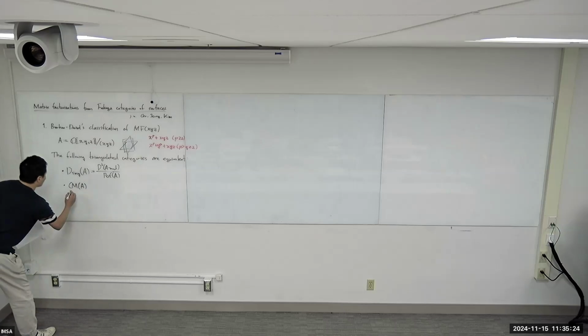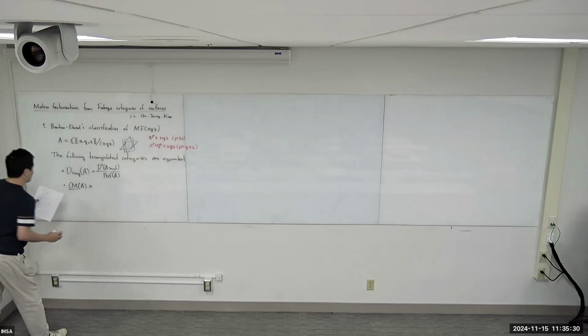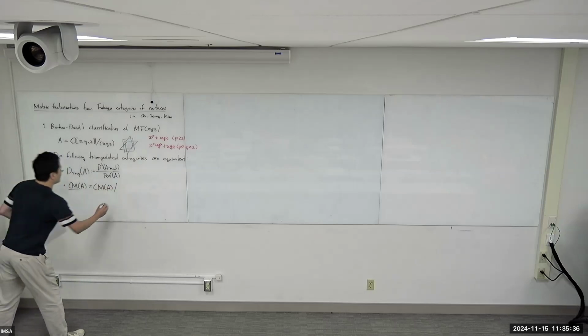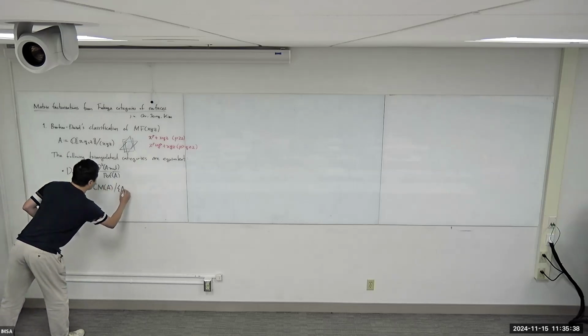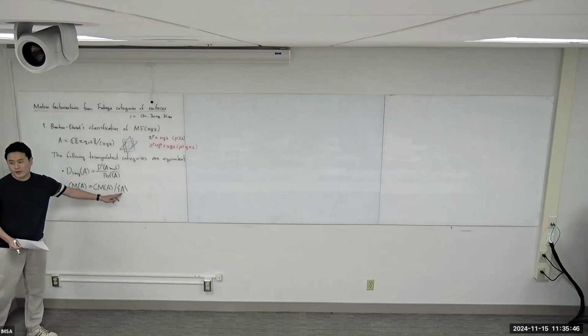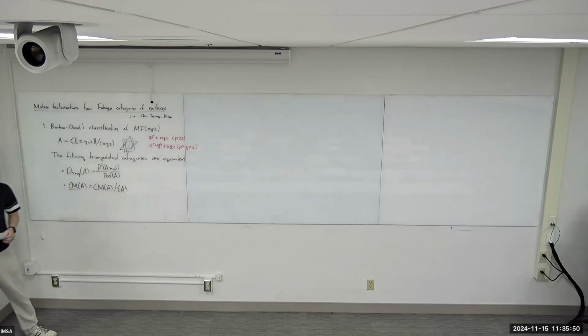Here, to make it triangulated, I take the stable category, which is by definition the original category quotient by the free module A. It's free and also Cohen-Macaulay.